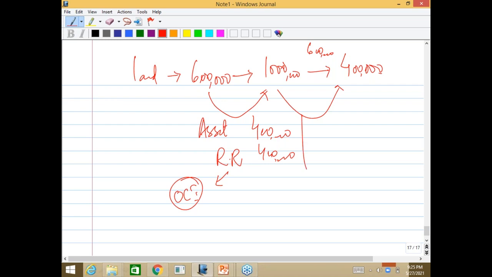So IAS 16 says that first you need to reverse the revaluation gain that you have already recognized in equity. You can see in the previous year that we recognized a gain of 4 lakh. So you can only debit the revaluation surplus by 4 lakh, but you need to book the loss of 6 lakh. So the excess loss will go in the income statement. Are you guys getting the accounting entries?